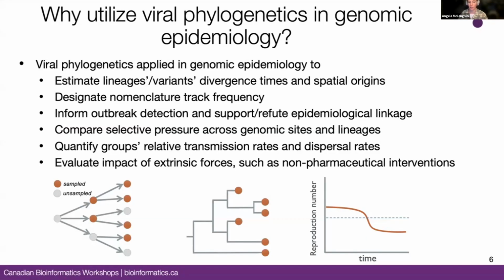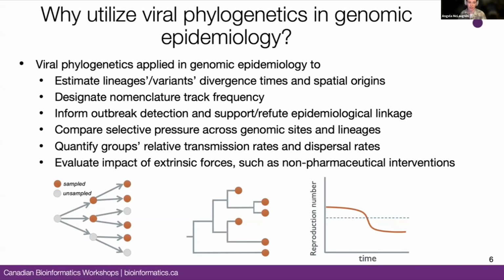Some of the ways in which this can be applicable is to estimate lineages or variants or whatever delineations, divergence times, and origins. This can be within outbreak detection or to maybe put forth a travel restriction on a place where a variant has just emerged.